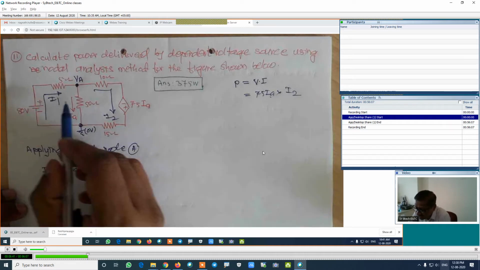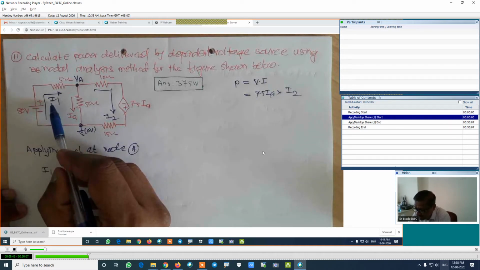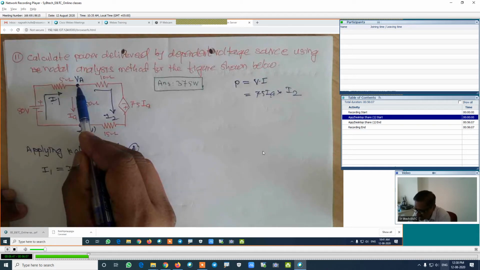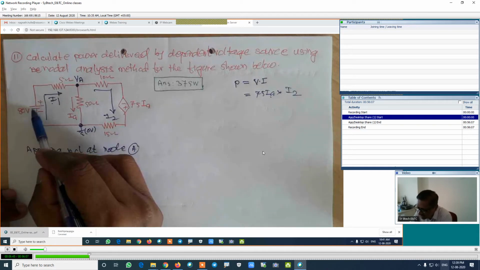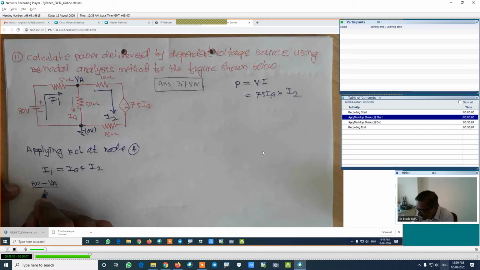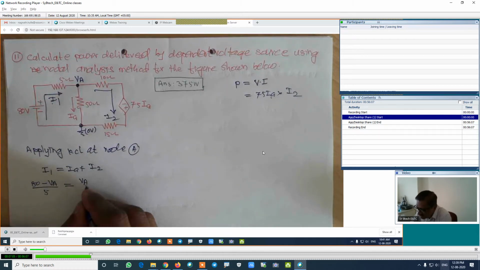Now, calculating the current I1 in this branch: it is 0 plus 80 minus VA divided by 5, that is (80 minus VA) divided by 5, which is equal to the sum of the other currents. IA is the current in the vertical branch, so the equation is (VA minus 0) divided by 50, which is VA divided by 50.